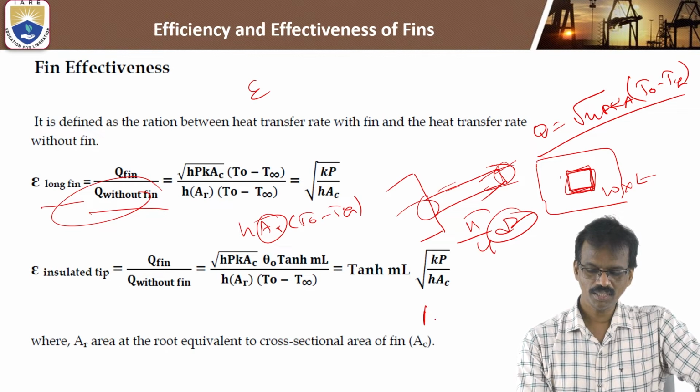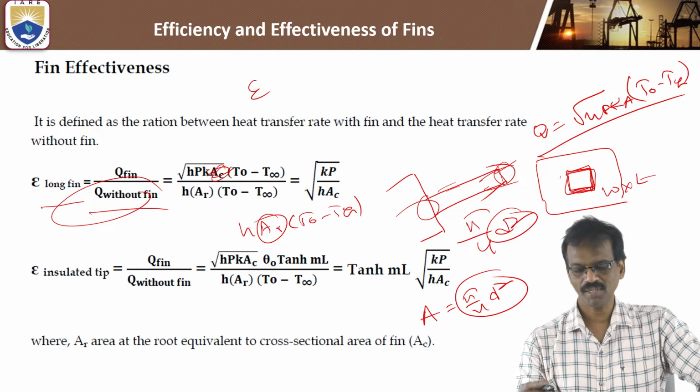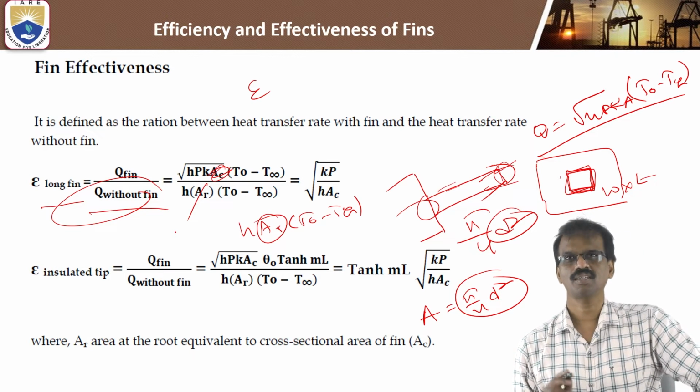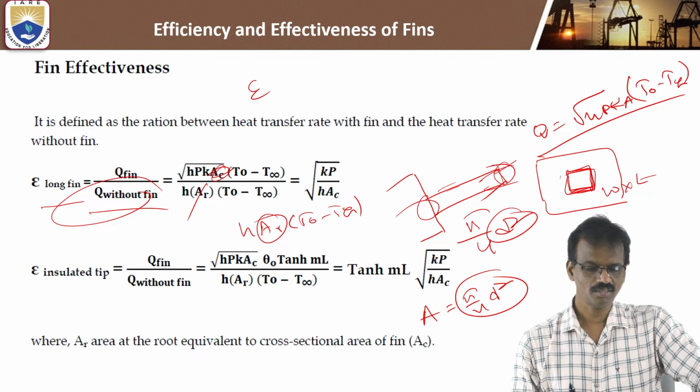That area is equal to pi/4 d squared. So in the square root of hPkA, this area is also the same end area of the fin. Both areas, Ac, are the same. You have to remember that.